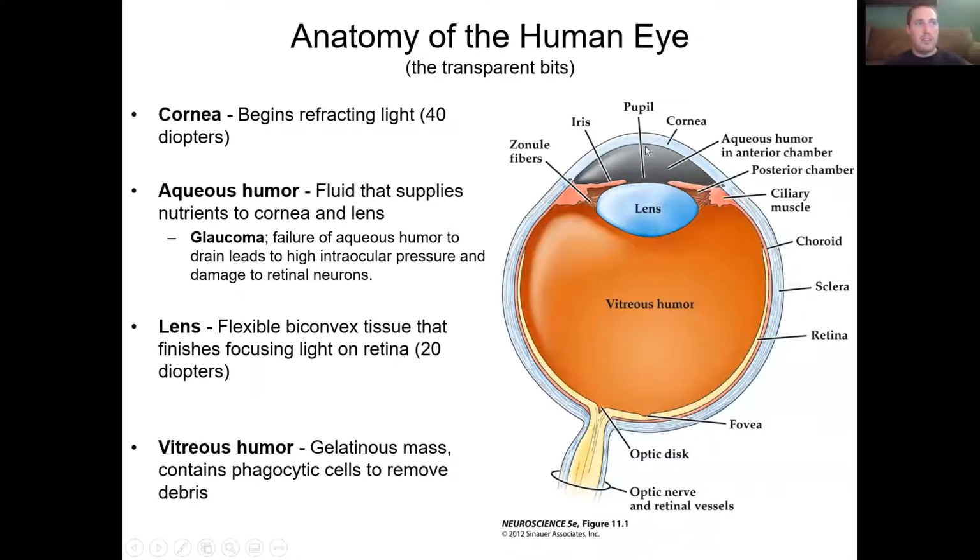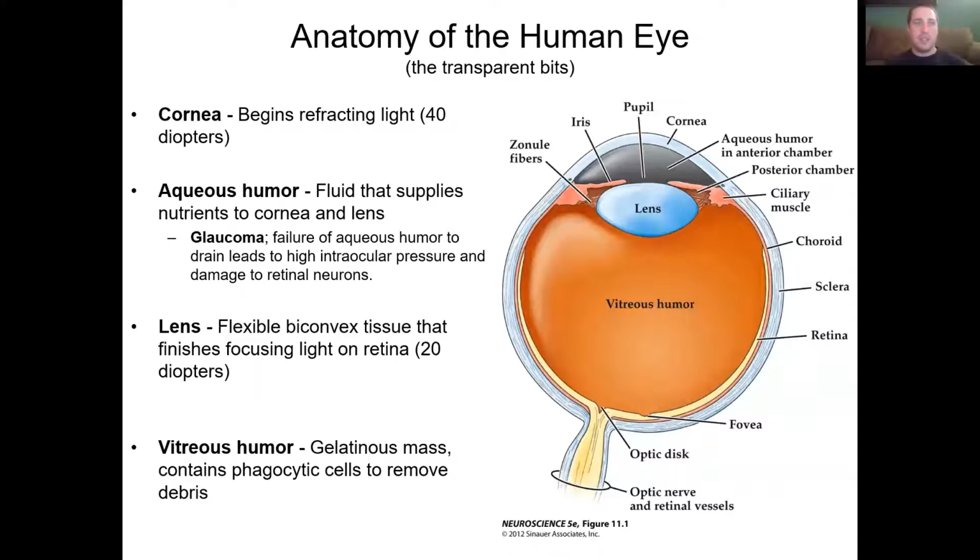Light then passes into the aqueous humor. This is a watery fluid like the serum in your blood, and it supplies nutrients to both the cornea and the lens. And of note, glaucoma, a very common eye problem, is caused when the aqueous humor doesn't drain out properly.